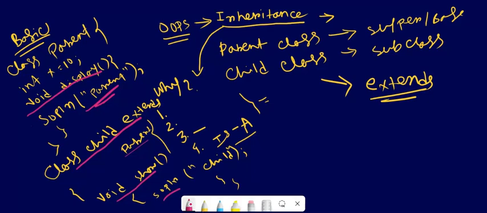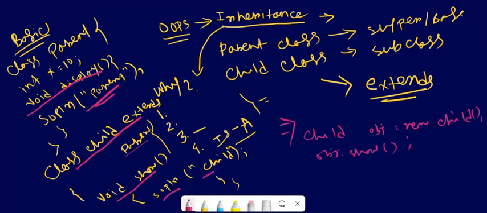Now if I create the object, Child obj equals new Child, and call obj.show, it will print "child", but I can also call the display method, which will print "parent". So this is the basic syntax of inheritance.